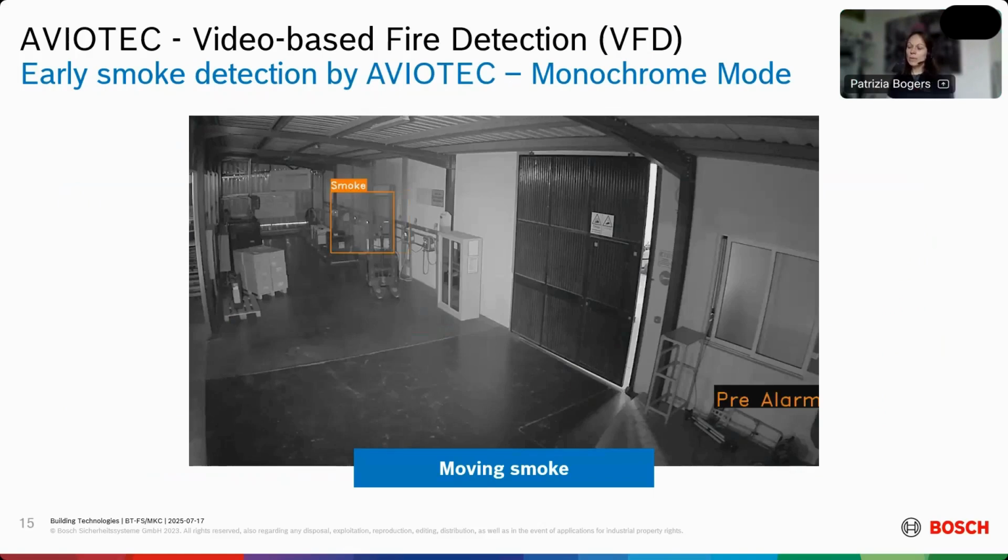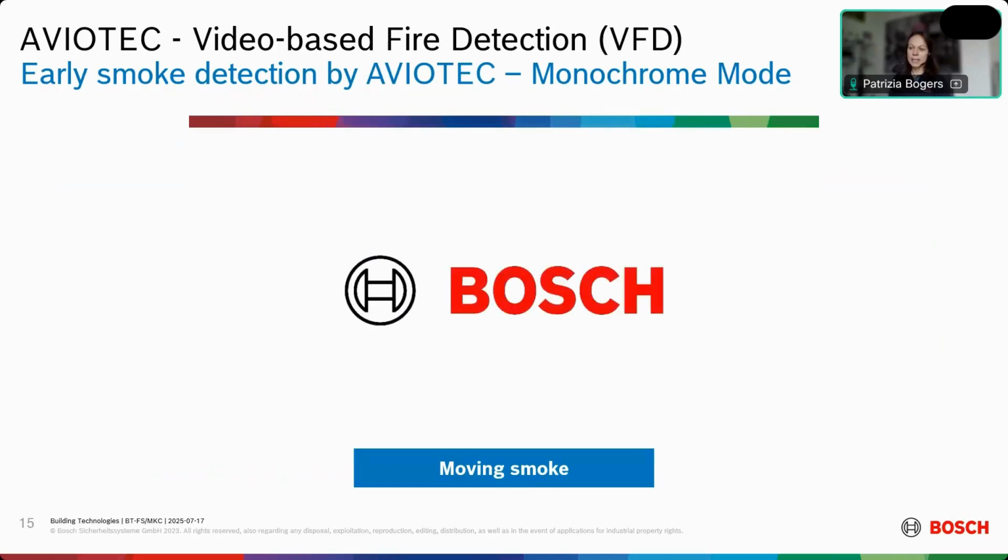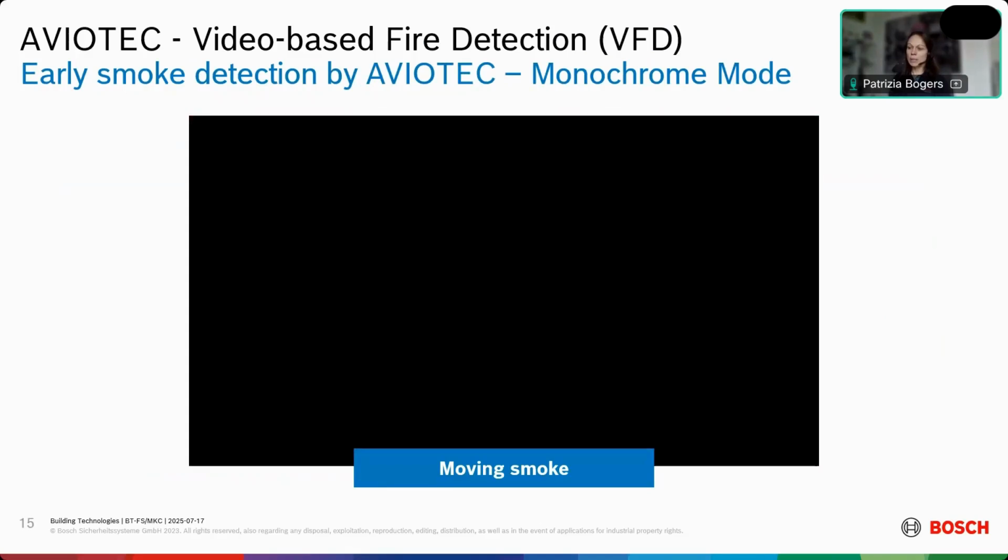This is how the camera looks at the event, starts the verification and the processing of the event, and then decides by its own, when we turn into the red bounding box mode, that an alarm has to be set, a fire event has to be communicated, and the signals transported within the installation.